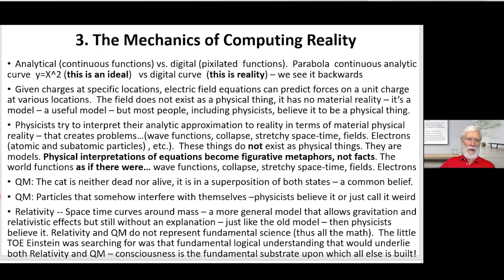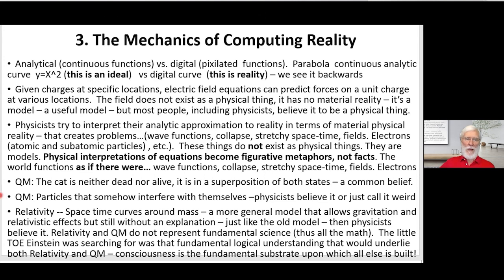With the double slit, we say particles somehow interfere with themselves. Well, whenever you hear a physicist say somehow, you know he really doesn't understand what it is he's talking about. So there are no particles that interfere with themselves. Physicists believe it, or they just call it weird physics.